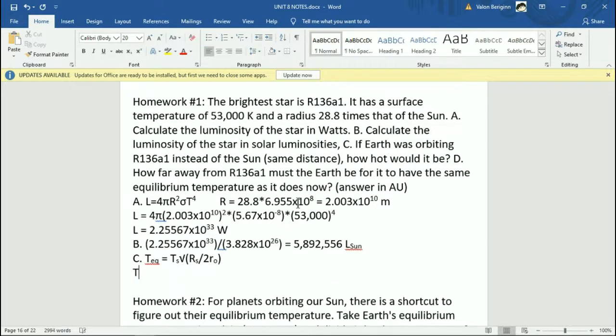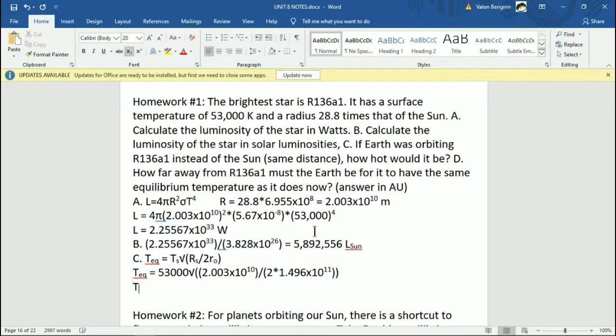So we have T_eq. Temperature of the star is now 53,000, times the radius of the star, which again we need in meters. So we want 2.003 times 10 to the 10 divided by 2 times the orbital radius. And I say same distance for the Earth, so that's going to be the same.